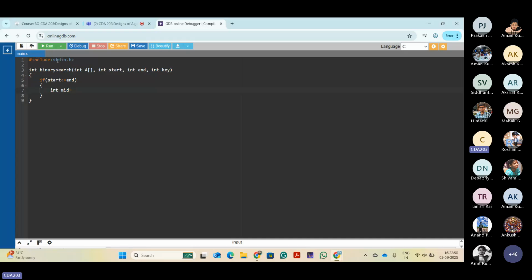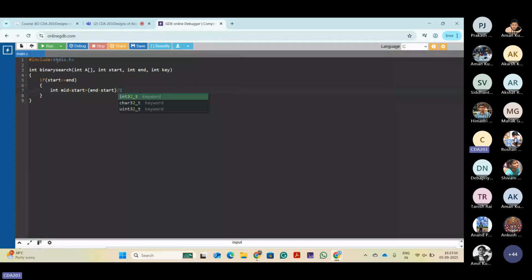So you will do it with the starting index: start plus the difference between the end index, high, and the start index, divided by 2.